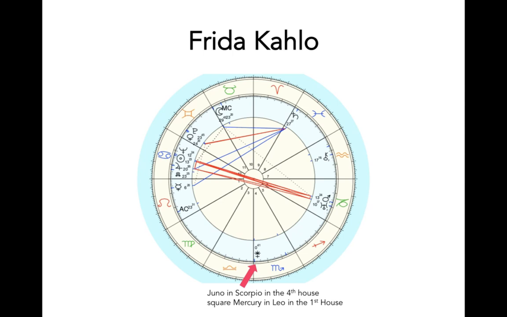I think there were some ways in which he might not have been always so above board about his communication about who he was with, and she had other lovers, and they had a very passionate affair from what I've read. And there's a lot of dynamic confrontation in that relationship. And that might have been disruptive for Frida in terms of the kind of home or connection or established relationship that she wanted. Again, I'm not her, didn't live her life, but that's what I've gathered from what I've seen and read and know of her chart.